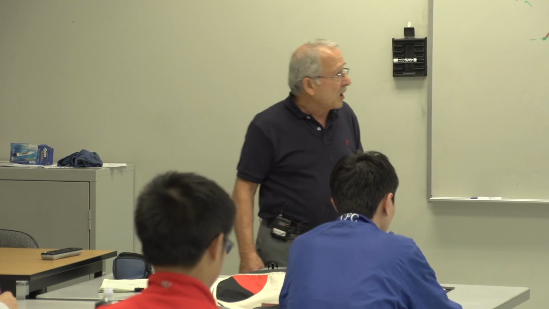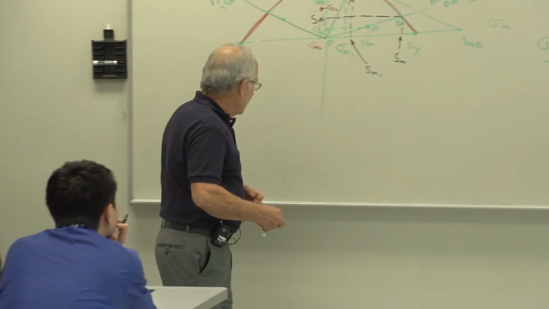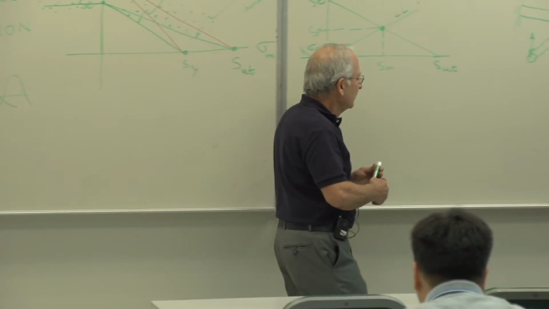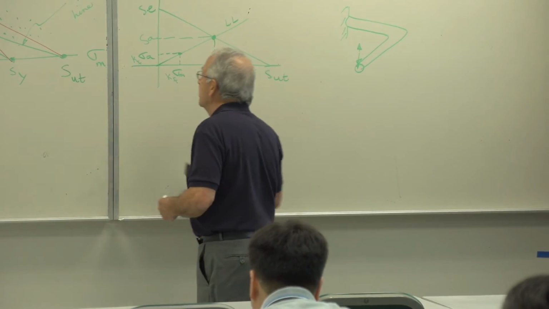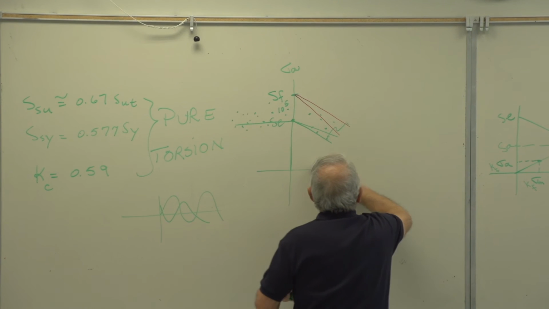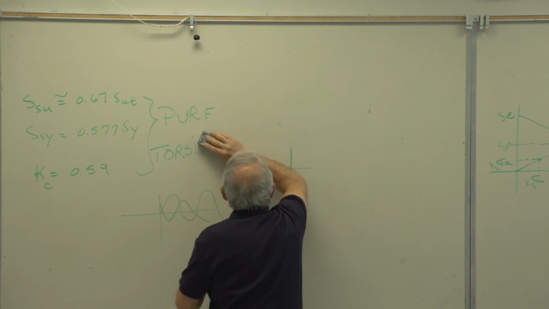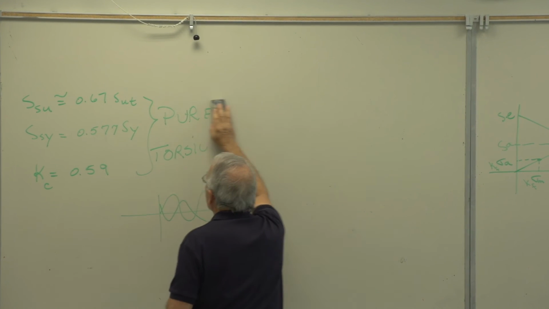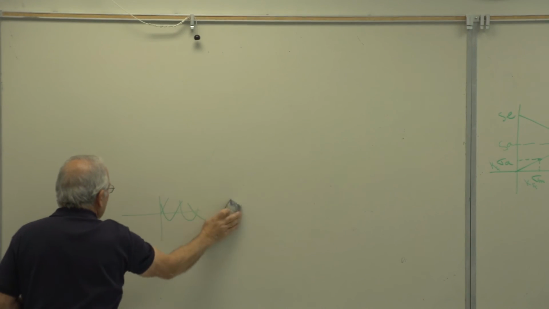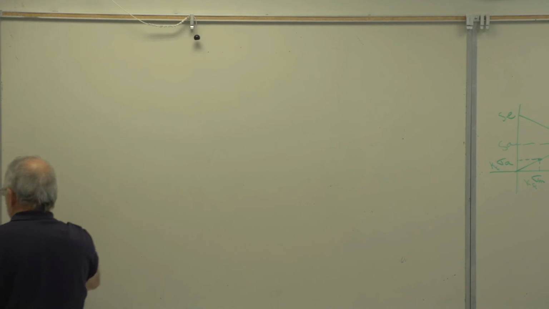To treat problems of combined loading, we make use of the von Mises theory. Because remember, all that von Mises does is turn a combined loading case where you have all sorts of stresses into one.